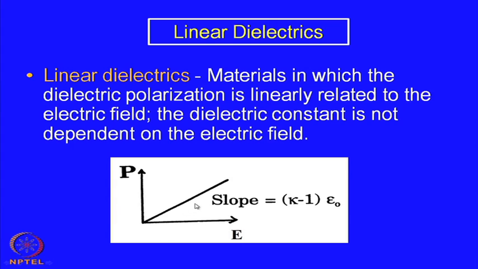So, most of these materials are called linear dielectrics, except a group of materials which are called ferroelectric materials or piezoelectric materials. Those have non-linear characteristics. So, one can distinguish between the two groups of materials depending on the characteristics of variation of dielectric constant as a function of applied field.